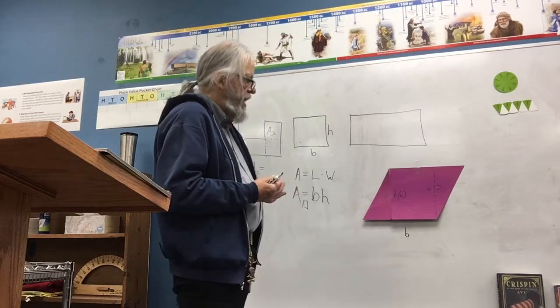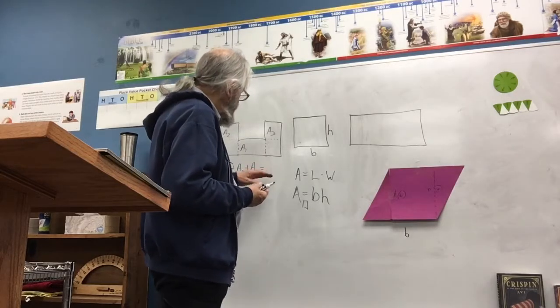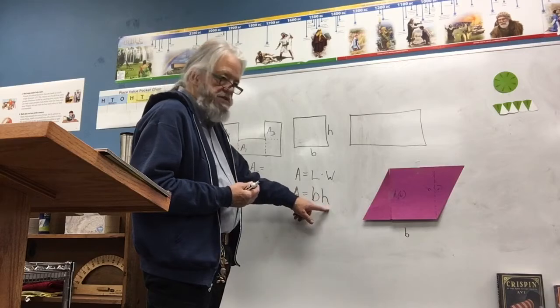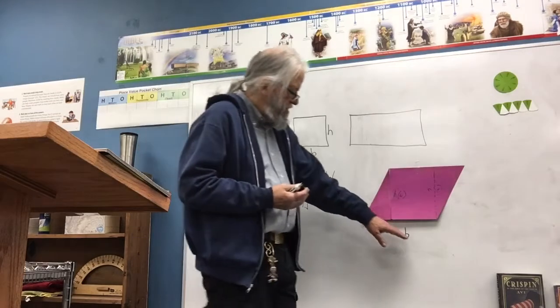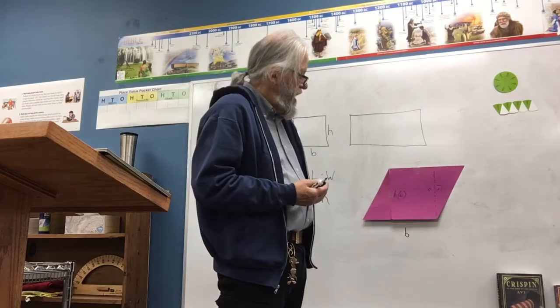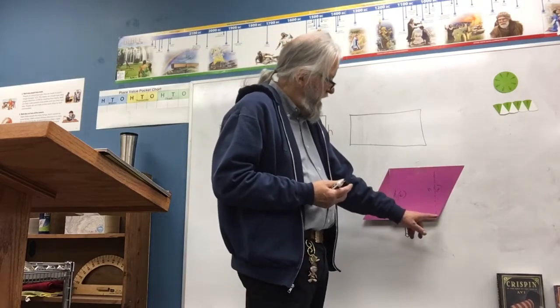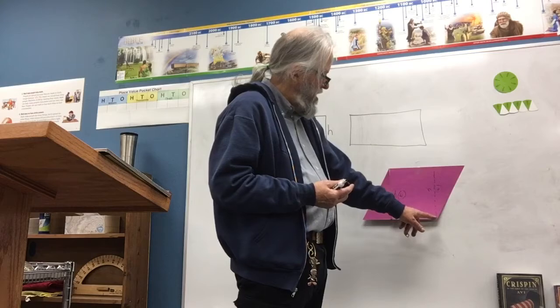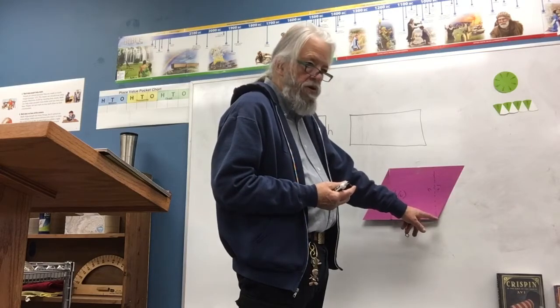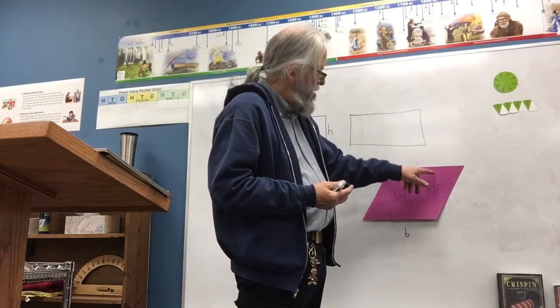So that's why we're switching over from length times width to base times height. Because this is the base, and the height is actually a perpendicular line from one bottom corner of the parallelogram up.